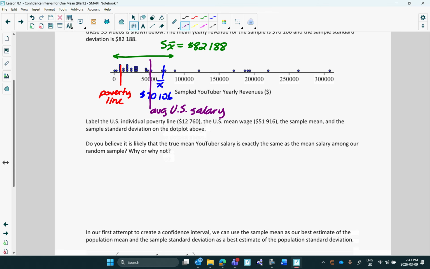So do you believe it's likely the true mean YouTuber salary is exactly the same as the one in the random sample? You should know the answer to this by now. No. And what's the reason? Not standard deviation.